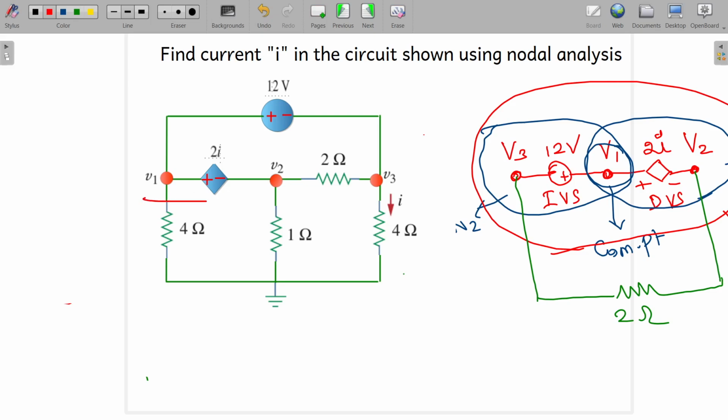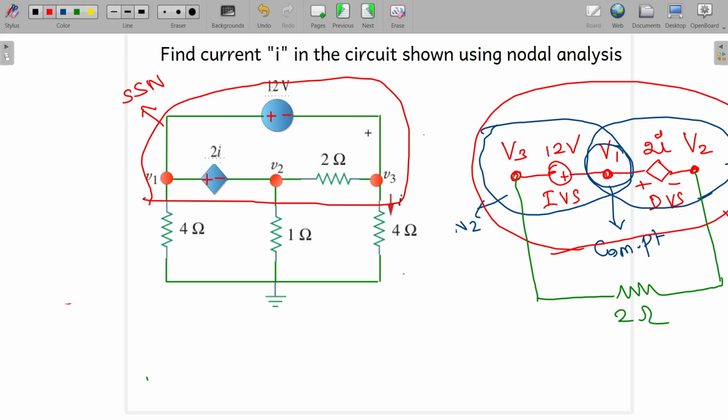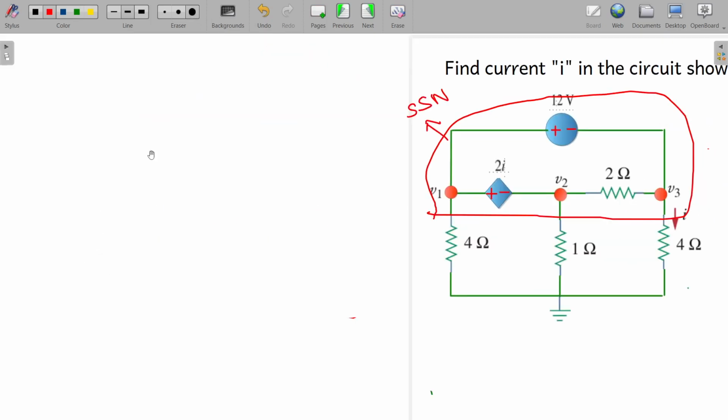So now coming to the circuit, you can form the supernode enclosing all these things. That's it. So I'm going to redraw this circuit, because if you enclose all these things, that won't be helpful for you when you do the nodal analysis. So now how to solve this? So what is the abstract form of this? So we are going to draw the abstract after getting the supernode formation.